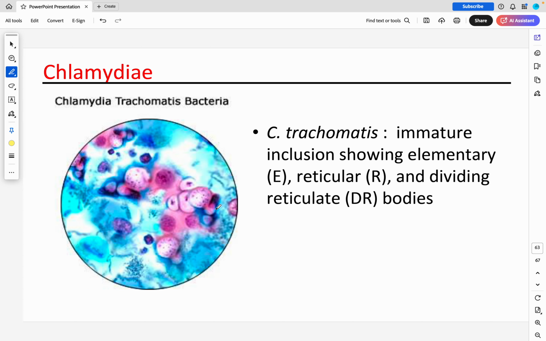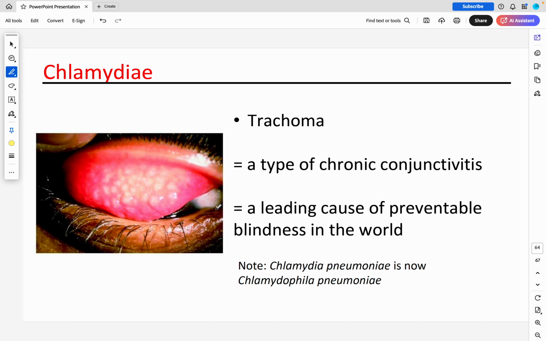Here you can see immature inclusion bodies, the elementary bodies and reticulate bodies that keep on dividing to produce more reticulate bodies. Trachoma is a type of chronic conjunctivitis which can lead to preventable blindness. Okay?